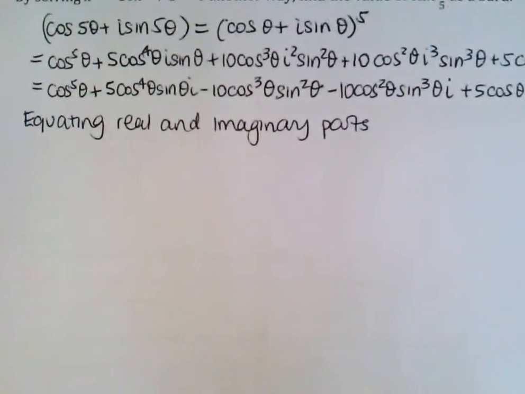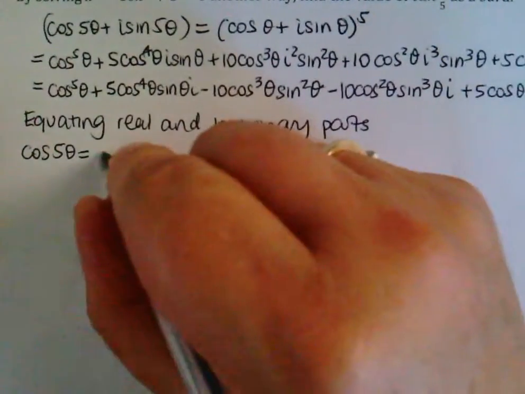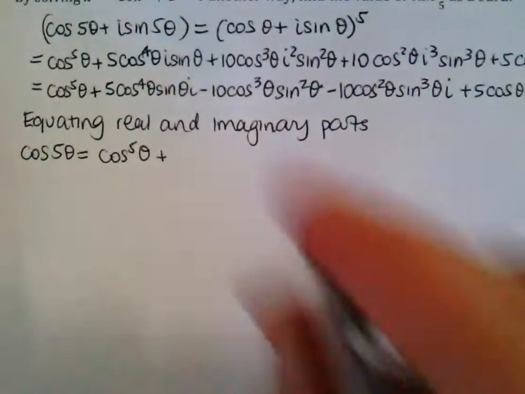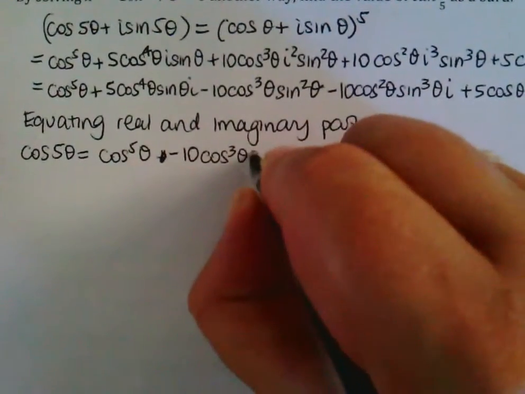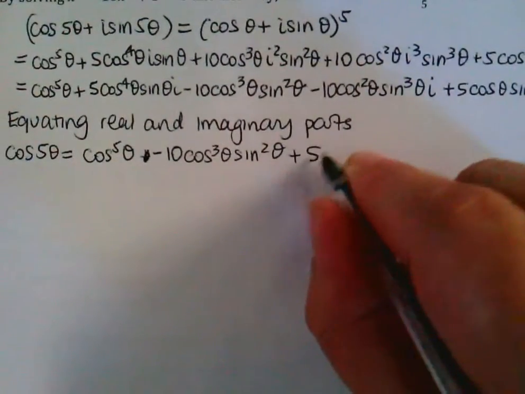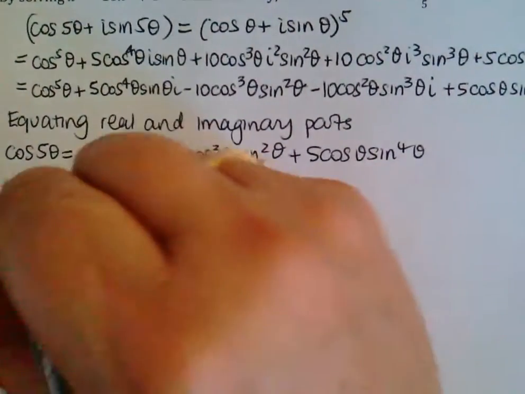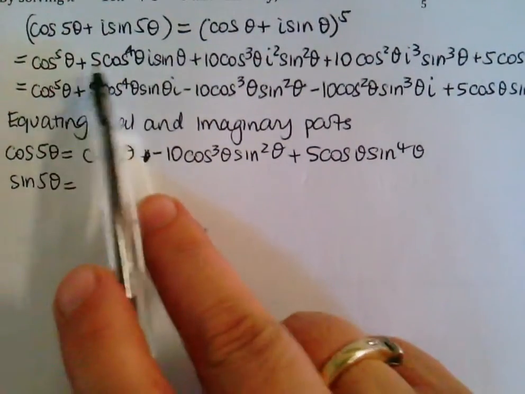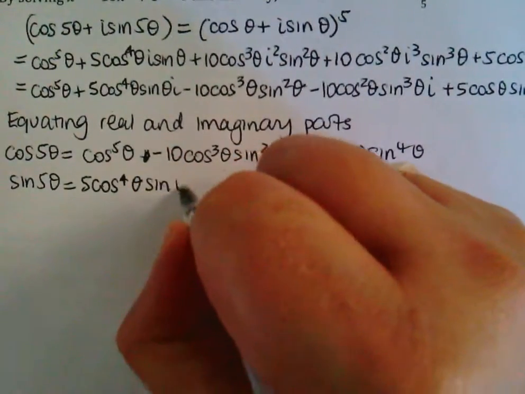Getting real and imaginary parts, we'll do the real ones first. Cos of 5 theta is equal to cos to the power of 5 theta minus 10 cos cubed theta sine squared theta plus 5 cos theta sine to the power of 4 theta. And now the imaginary parts, sine of 5 theta is 5 cos to the power of 4 theta sine theta.